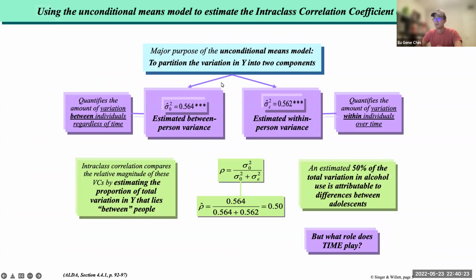The reason why we fit the unconditional model is explained by this slide. We are really interested in the between person variance and the within person variance, because the between person variance is going to let us know if there is a sufficient amount of variation between individuals, regardless of time, that is worth explaining.